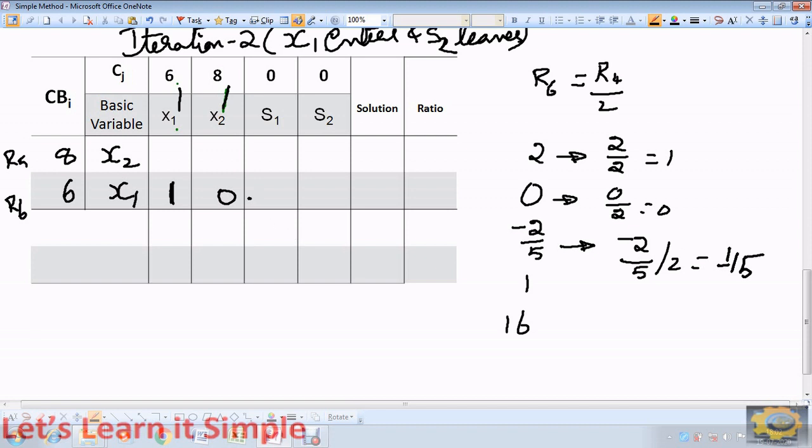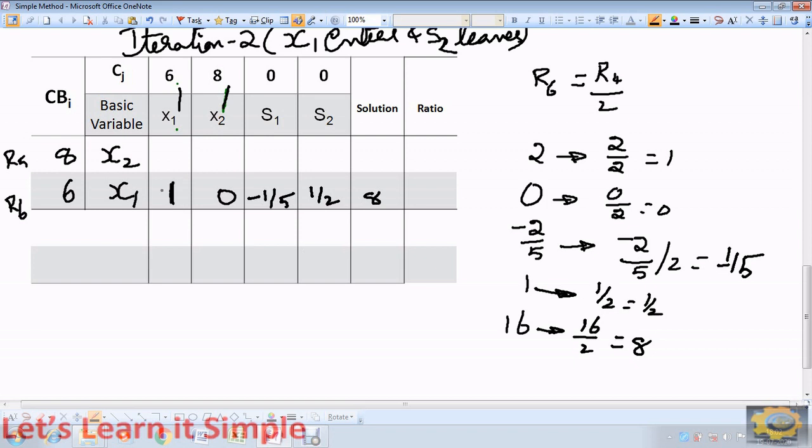So right here minus 1 by 5. So next is 1 by 2, which is 1 by 2. So bring it here, 1 by 2, and the last one 16 by 2, which amounts to 8. Bring it here.